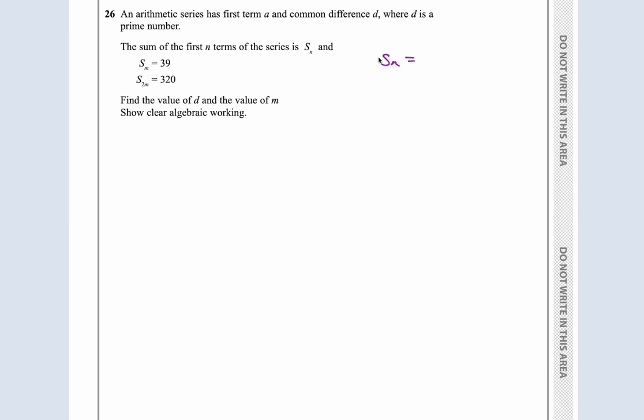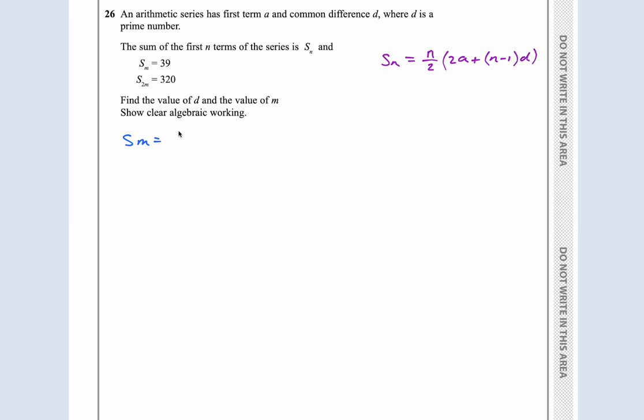So we have the sum of n terms of an arithmetic series in the formula sheet at the start. It's this. It's n over 2, 2a plus n minus 1 d. So I'm going to use that. And I'm going to use it for this and for this. So S of m is going to be this with an m in it. Fine.